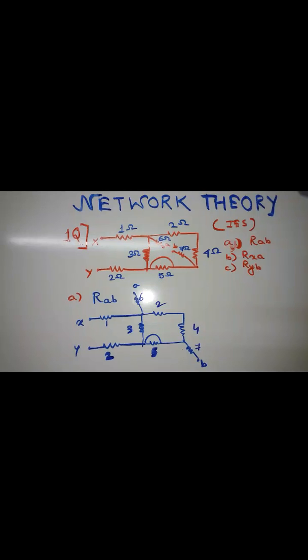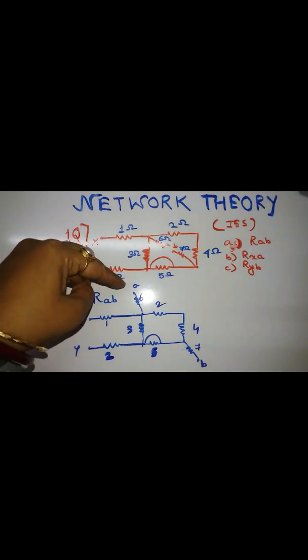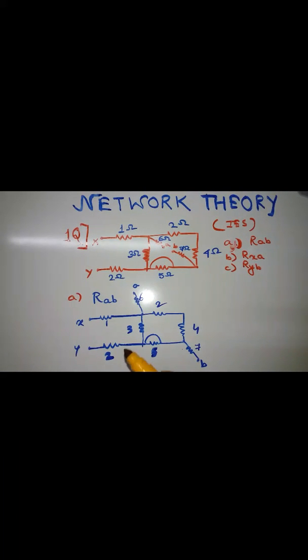Now from here, since we have to find resistance across A and B, so these X and Y will act as an open circuit, right? So this is of no use, this is of no use.